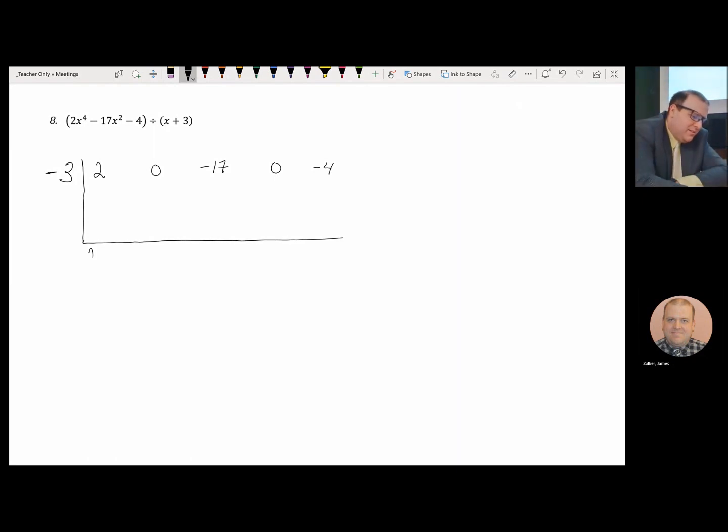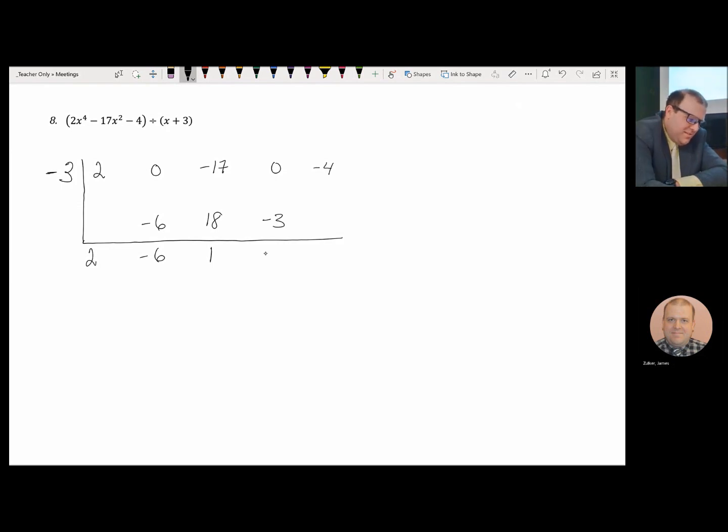2 drops down. Times -3. Plus 0. Times -3. Minus 17. Times -3.